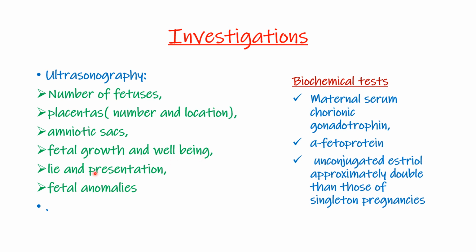In terms of determining the lie, the presentation, and the fetal anomaly. In terms of biochemical tests, we have these three which will be doubled in twin pregnancy: maternal serum beta HCG, alpha fetoprotein, and unconjugated estriol will be approximately double those of singleton pregnancies.